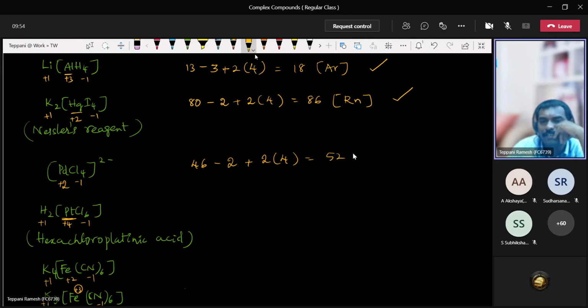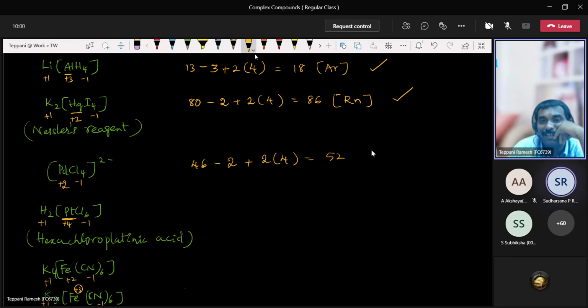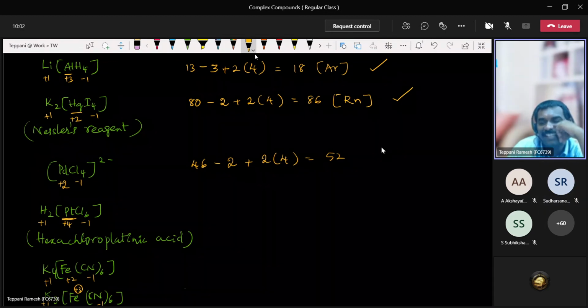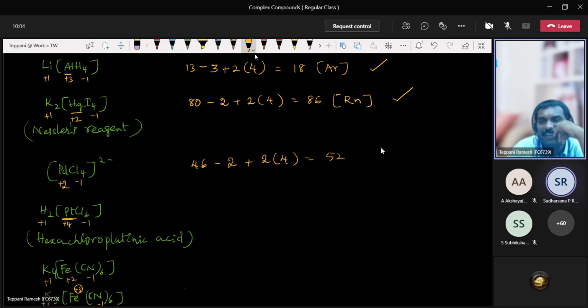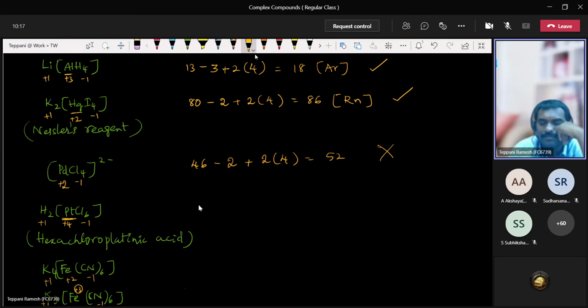Which noble gas is there? No noble gas. Krypton is 36, so it is not followed. According to Sidgwick, is it stable, unstable or less stable? Less stable, unstable or less stable, you can say.